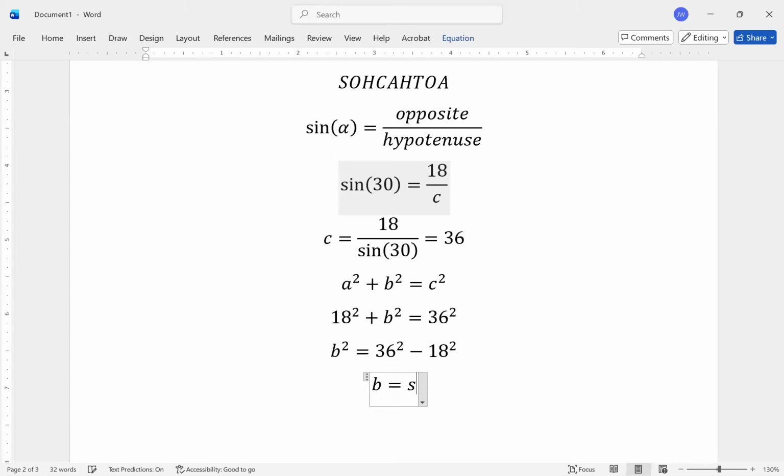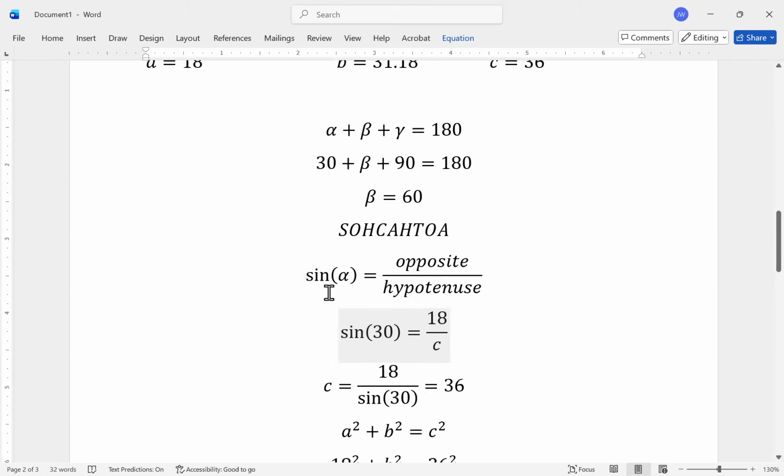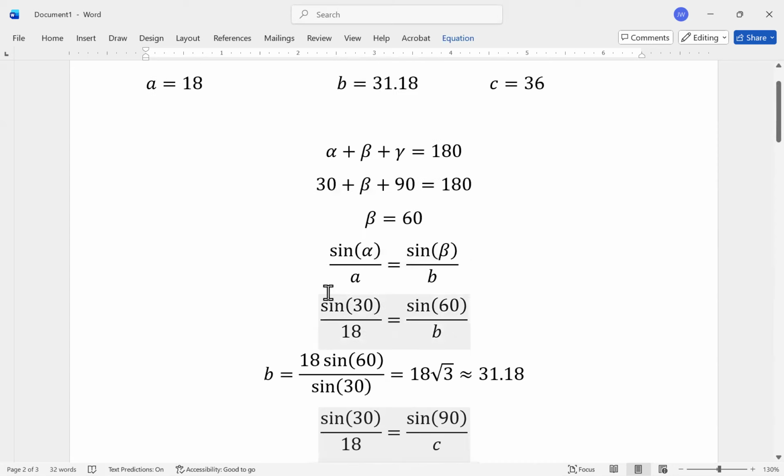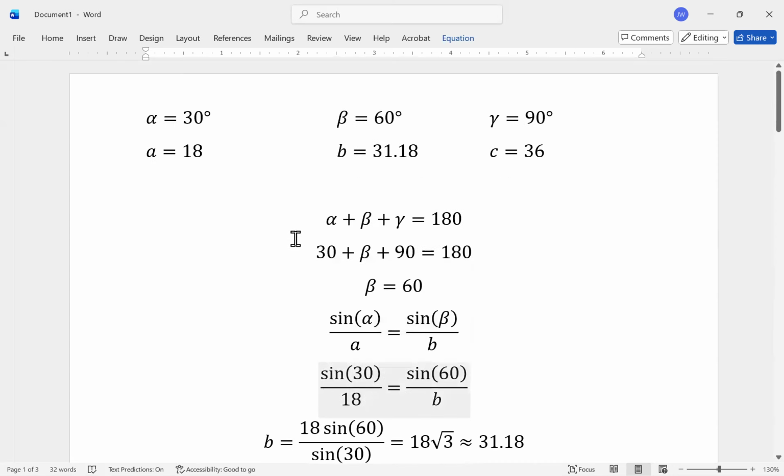So B would be equal to the square root of 972, which again is exact value of 18 root 3. The approximate value is 31.18. So that's another way we could have gotten B once we knew A and C. But SOHCAHTOA and the Pythagorean theorem led to the exact same conclusion that we got with the law of sines.